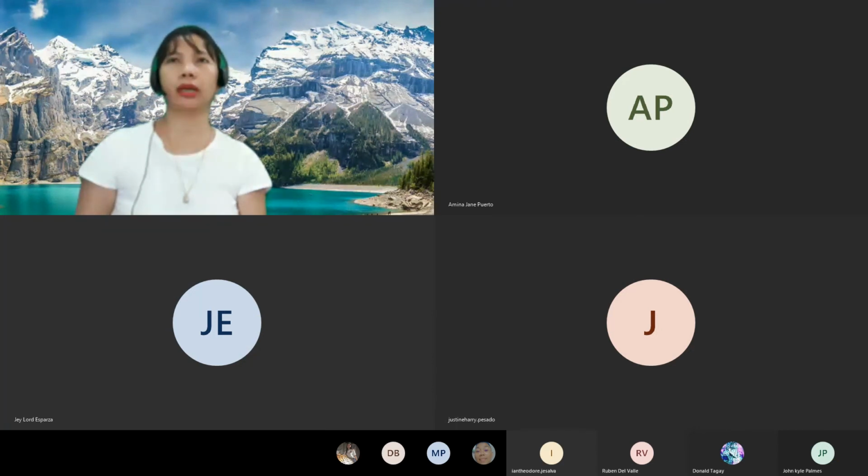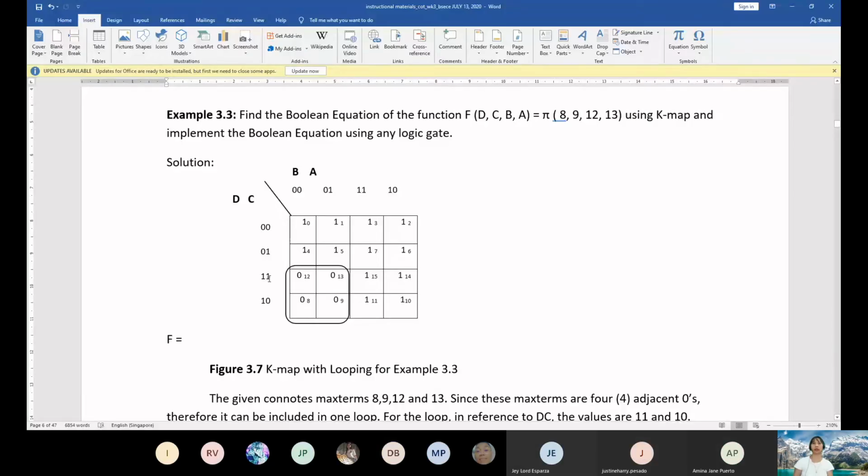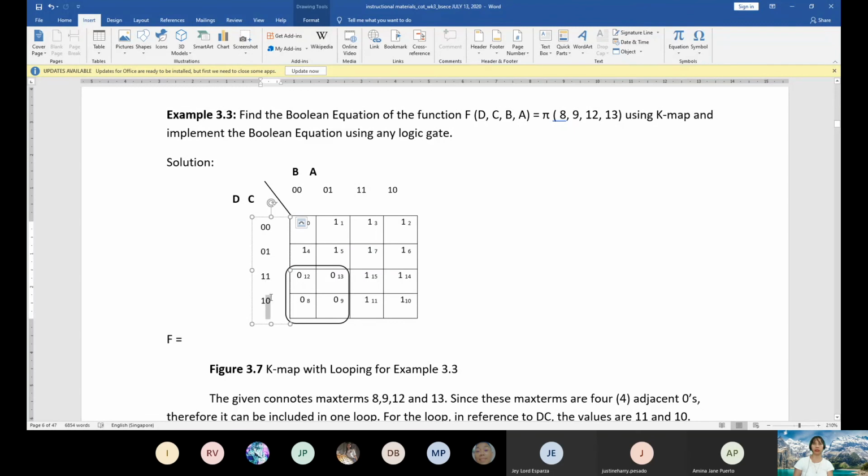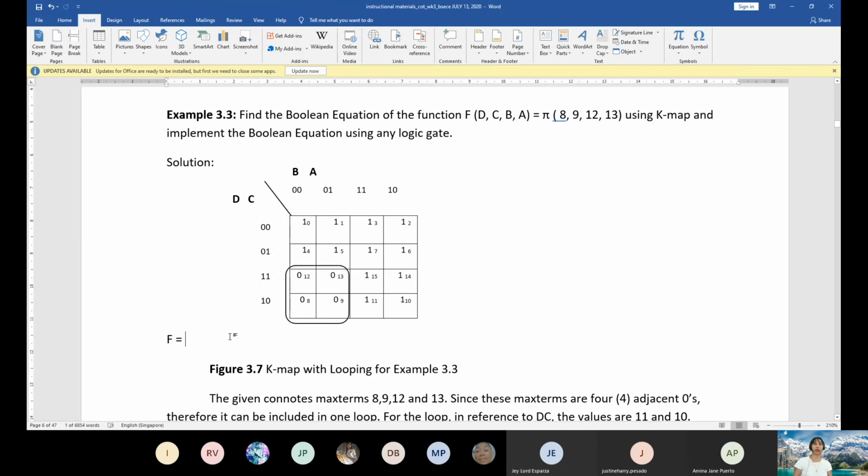Okay, going back here again, C is eliminated since the values for C are 1 and 0. Whereas for D it is 1, 1, so D is, again, this is max terms, D prime, plus.